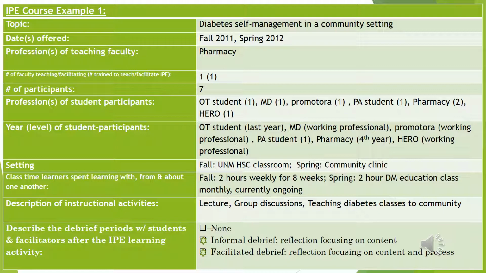We're going to look at the professions of student participants, the year or level of the student participants, the setting in which they learned, and the class time spent learning from and about one another. And we're going to look closely at a description of the instructional activities, and then look at the description of debriefing periods with the students and facilitators after the IPE activity occurred.